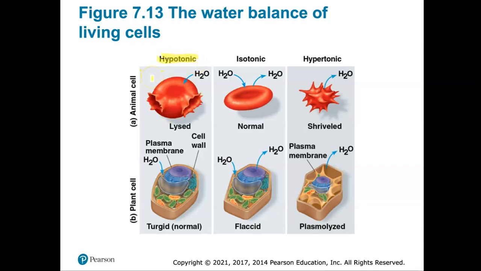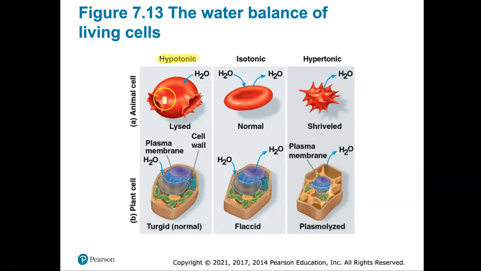So what is water going to do? Water follows solute. In this case, the solute is the salt. Water moves where there's more salt. Since there's none outside, because it's distilled water, water is going to move into the cell and follow the little bit of salt that's inside, okay? By the way, that 0.9% is also in medical fluid, like in an IV fluid bag, is called normal saline.